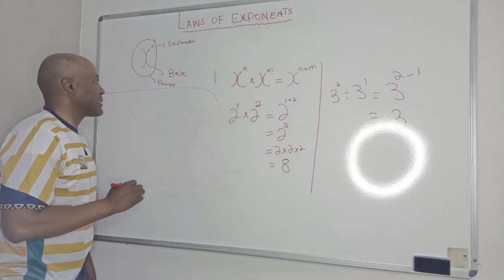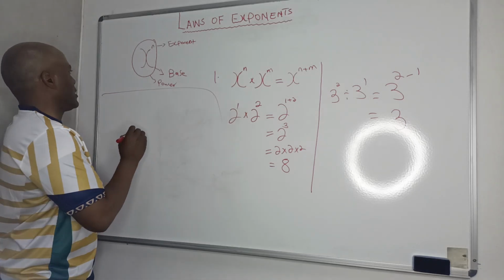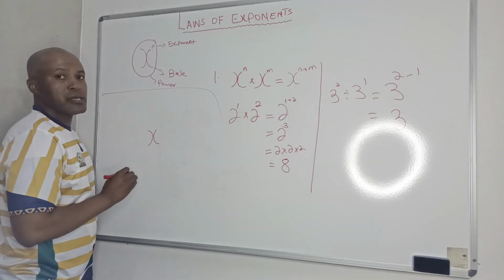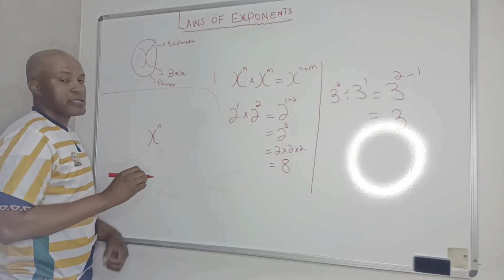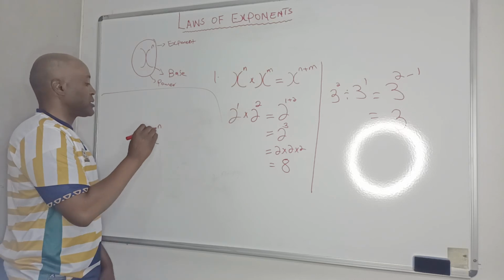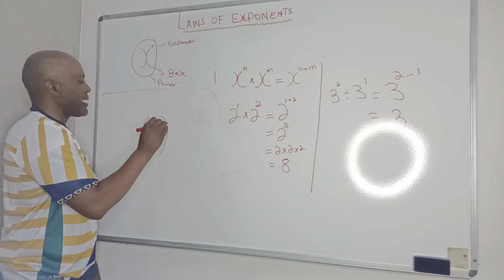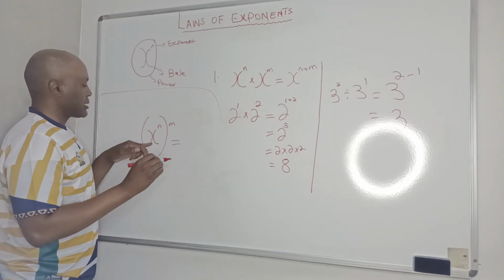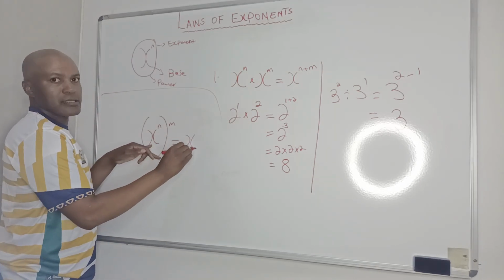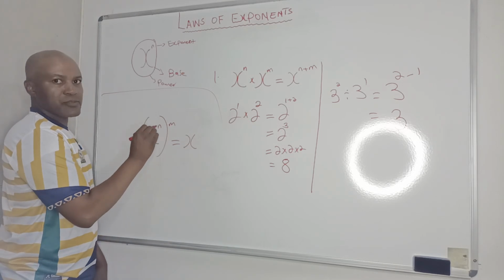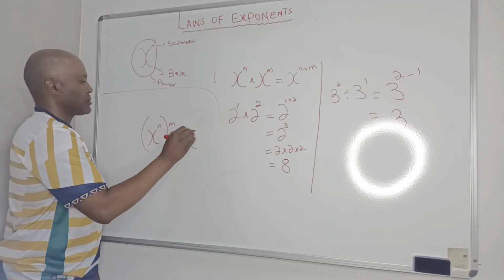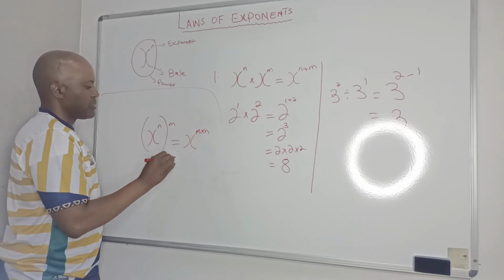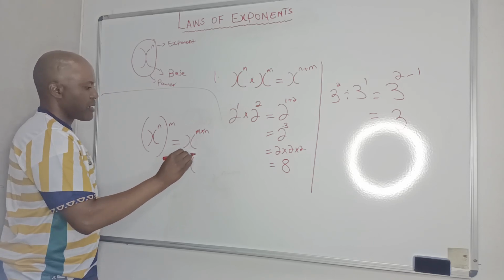Law number 3 says if any given number is raised to an exponent, which is raised to another exponent, you should keep the base and multiply the exponents. It's going to be m multiplied by n, and the answer is mn.